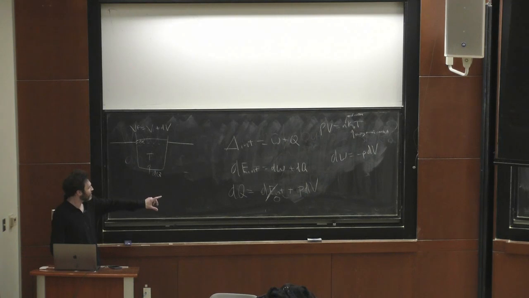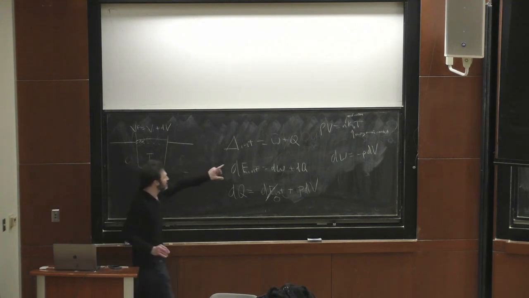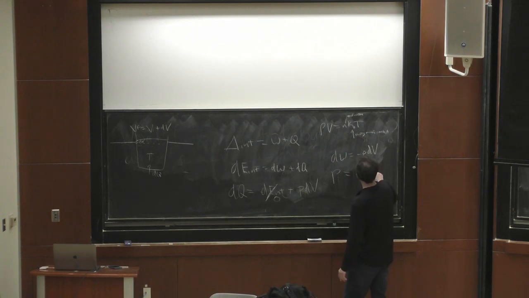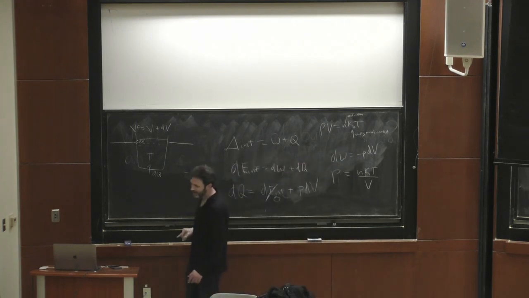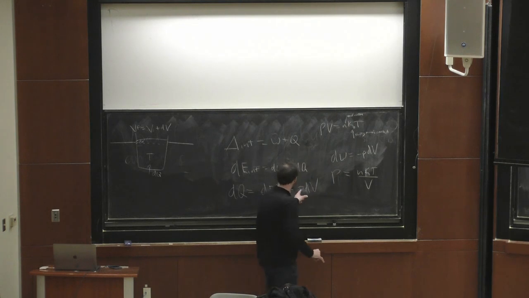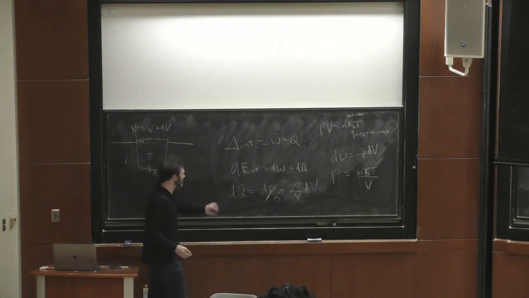Okay, and then we know that P is equal to nkT, same Boltzmann's constant, but I'm leaving out the subscript, over V. So then I can substitute that into this expression. So I have nkT over V times dV, and that's equal to dQ.